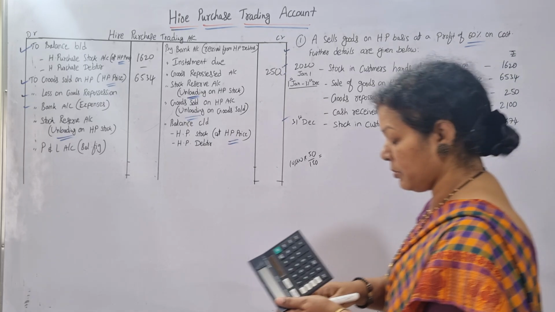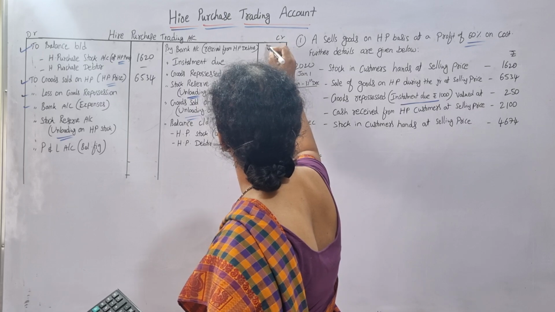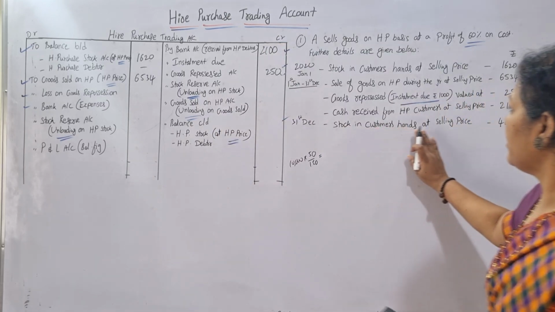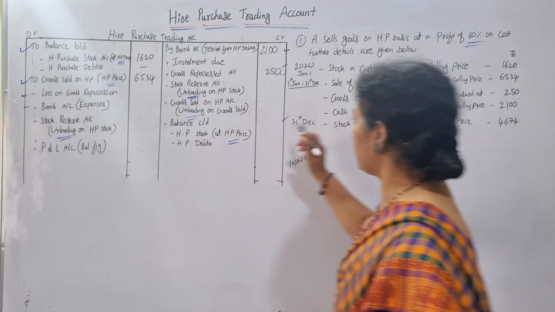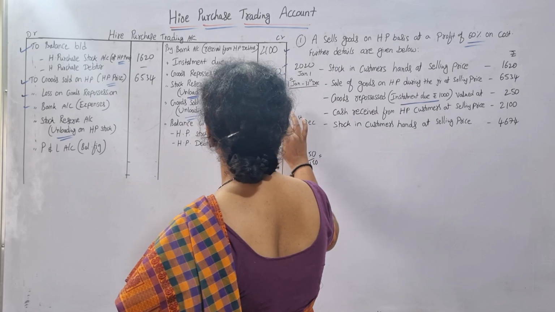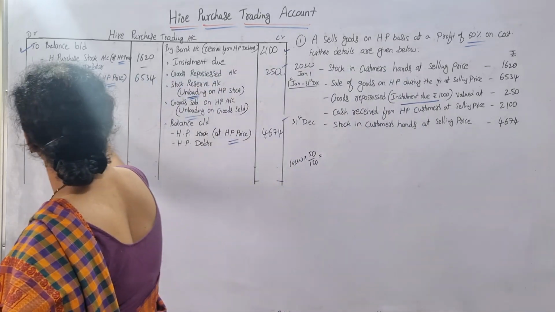Cash received from customers, 2100. Next, stock in customers' hands at selling price at the end of the year, 4674. And these two transactions are not given.